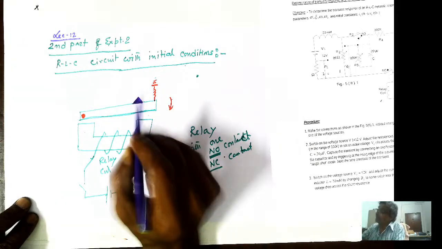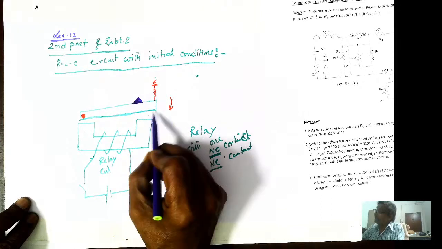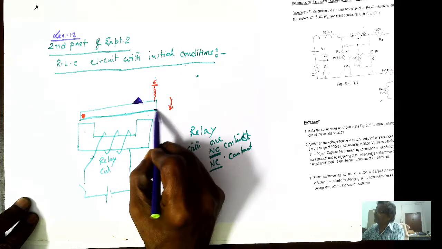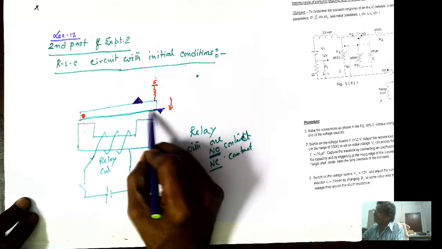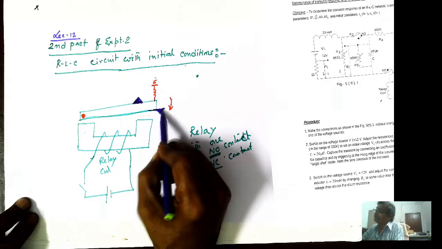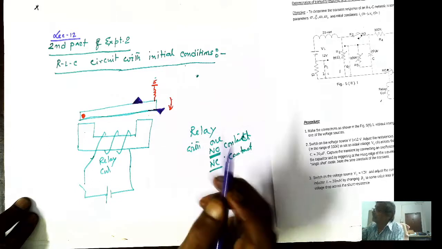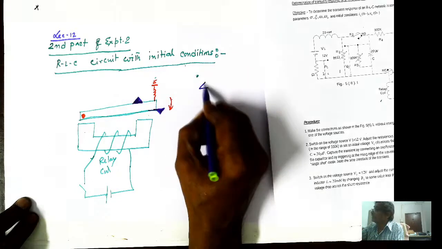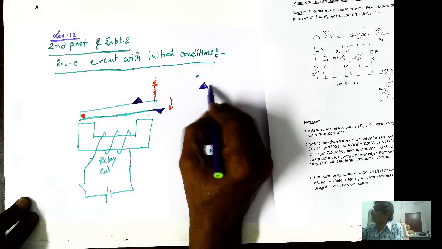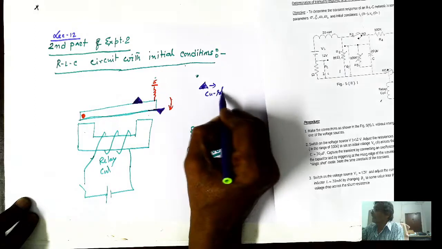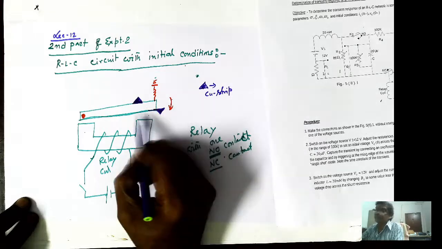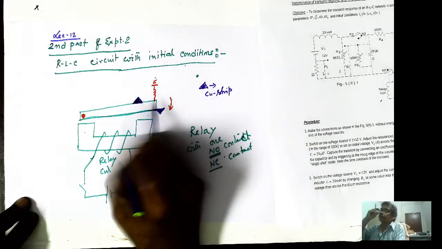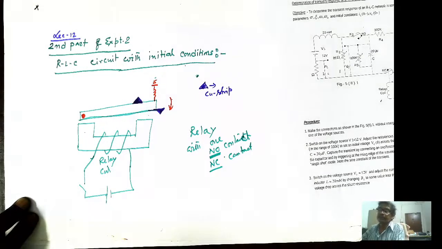Similarly, you can have a copper strip here also pasted on the down portion of this armature. Thick copper strip. So these are copper strips, and they are connected to the surface of this iron portion after insulating it.